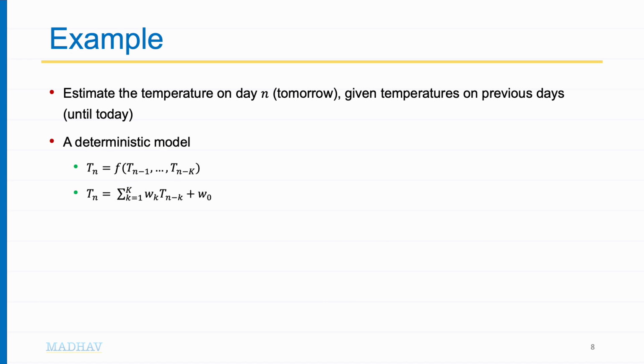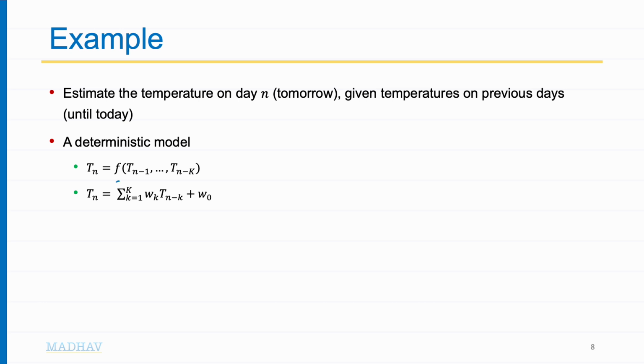It's the same problem. A deterministic model could be a recurrent neural network where T is a function of all the previous readings. Or it could be a linear regression model, and this F could be a non-linear model.